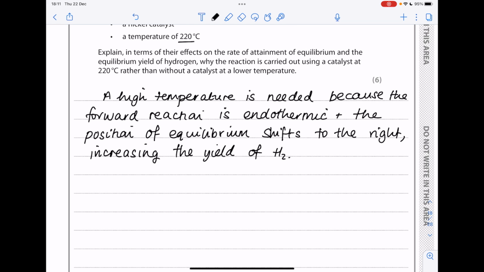From a rates of reaction point of view, high temperatures are good. Remember why? Because the particles have greater kinetic energy and there's an increased frequency of successful collisions.